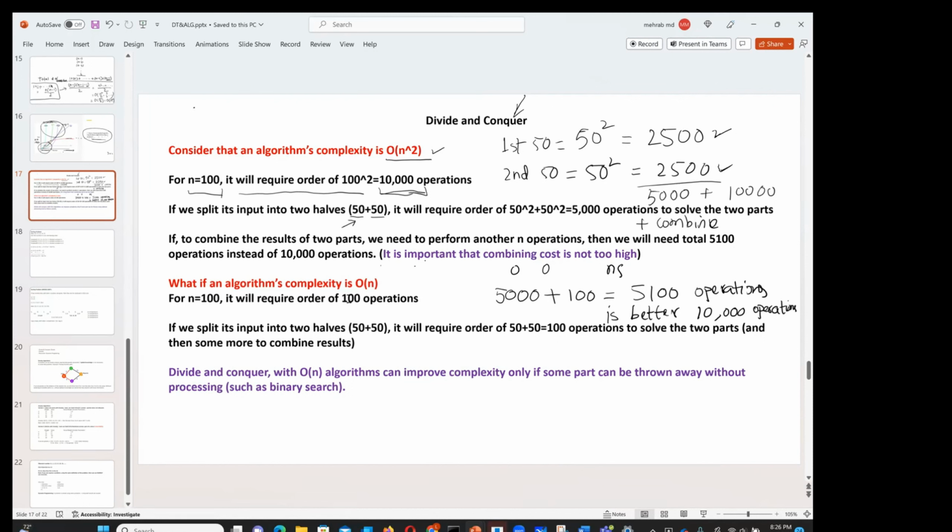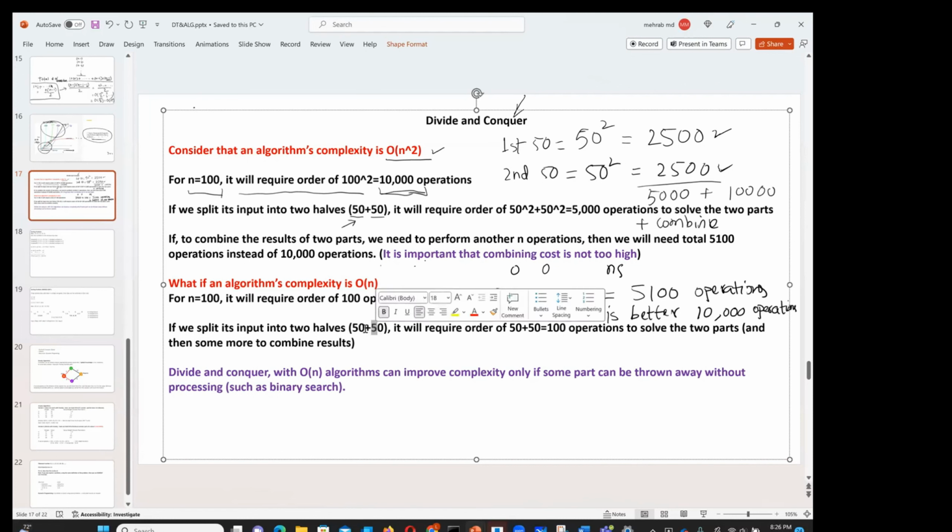So if I divide it into 50 and 50, how many operations will I need for the first half? Order of 50, right? For the second half, I will also need 50. So 50 plus 50 is already 100, right? So that means I still need 100 operations, and then combining will need some more operations, right?